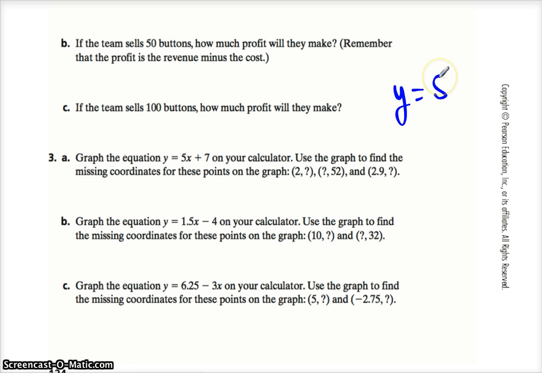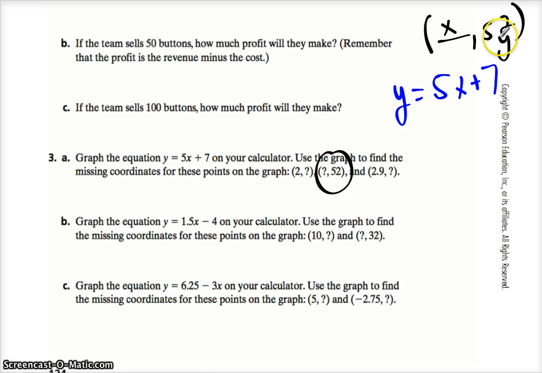And the same is true for the reverse, where I have y equals 5x plus 7, and then if they give me the points unknown, comma 52, this is my x, this is my y.